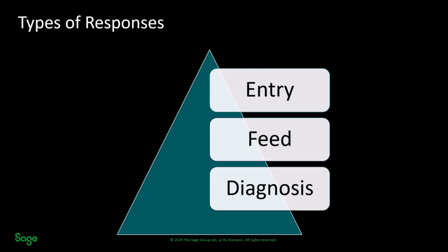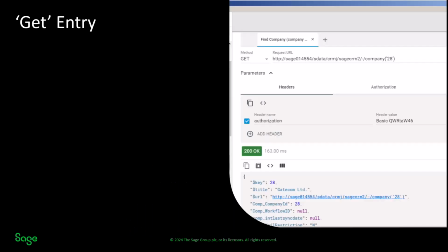Or we could be getting back a whole set, which is a feed, or we could get an error code that comes back where our request has actually generated something other than a 200 or 201 HTTP code. So a diagnosis is an error, and we'll see this in a moment, but let's just think about a get entry.